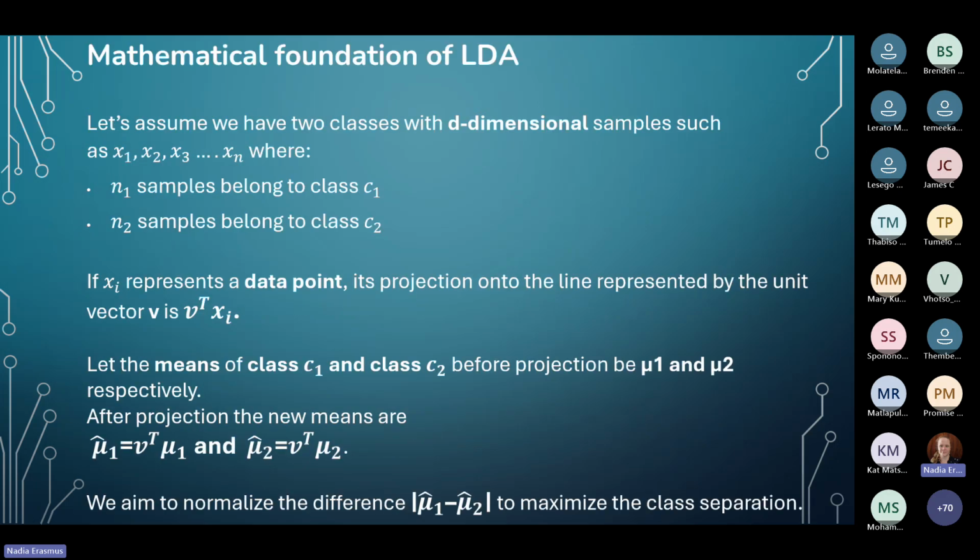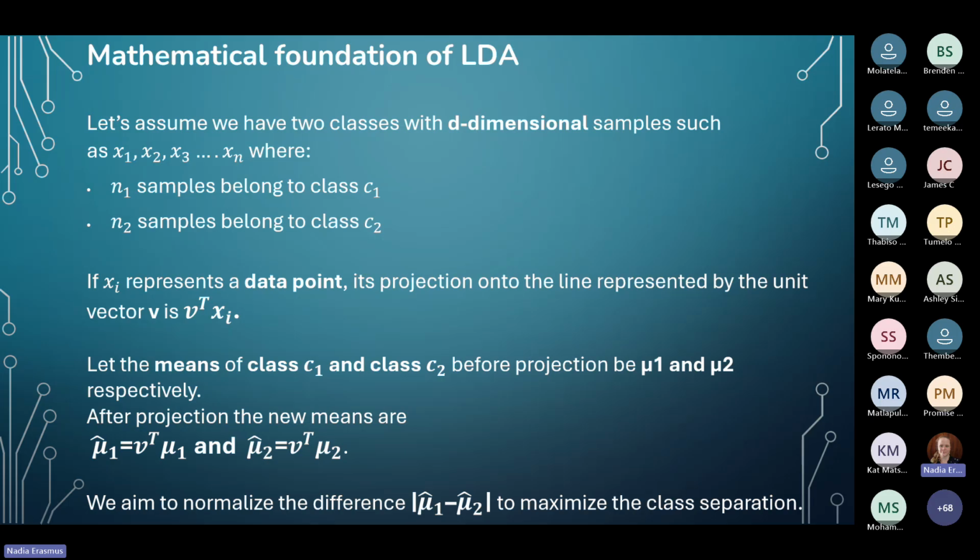So after we have the mean, we're going to normalize it. This is also how we're going to use the assumption of a normalized distribution: we're going to get the absolute value of the difference of the mu's.